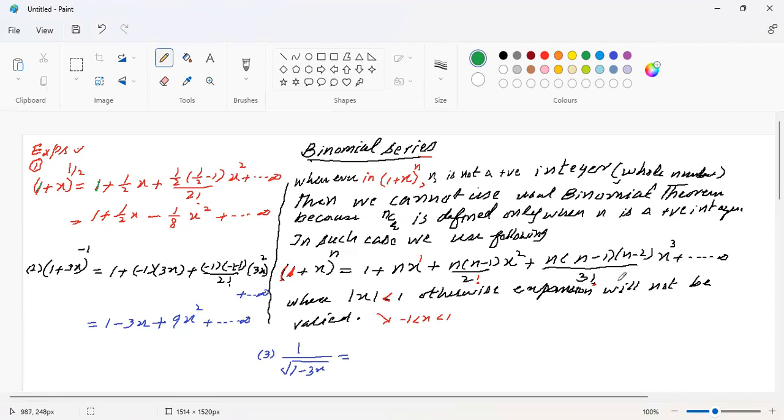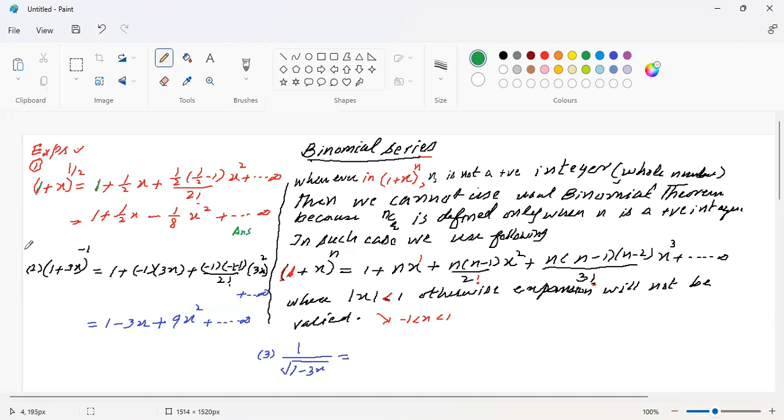You can also write the fourth term, but I'm writing only the first three terms. Usually in your exam, the examiner demands only the first three terms. It's very rare that examiners ask to find the fourth term as well. After simplification of the coefficients, we finally get this answer. So this is the complete expansion in case the power is not a whole number.